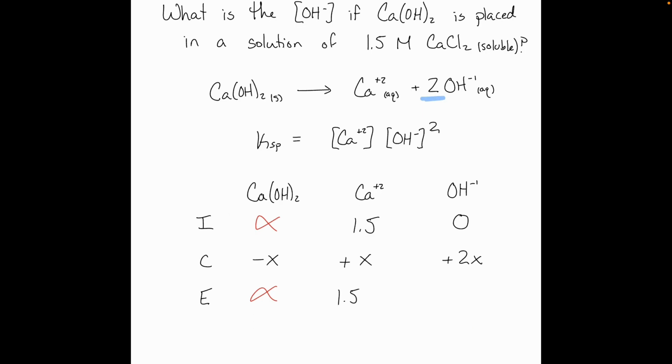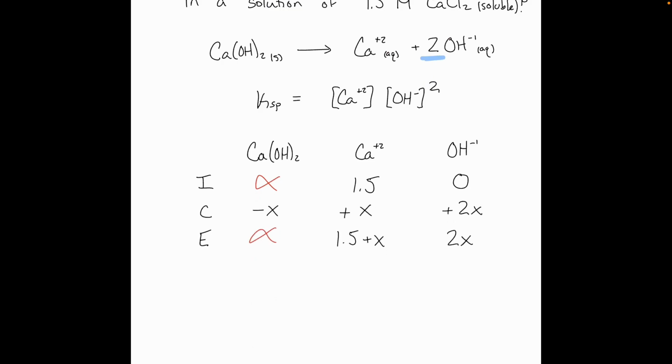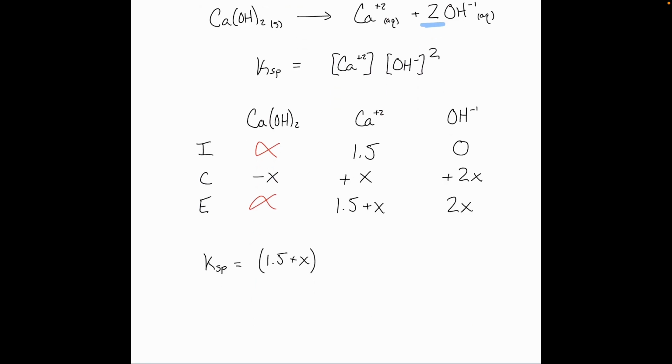So I get 1.5 plus X, and 2X. Plug those back into my Ksp expression. I get my Ksp equals 1.5 plus X. And then this is the easiest part to mess up. I need to plug in 2X for the concentration of hydroxide, which means that that whole 2X gets squared.